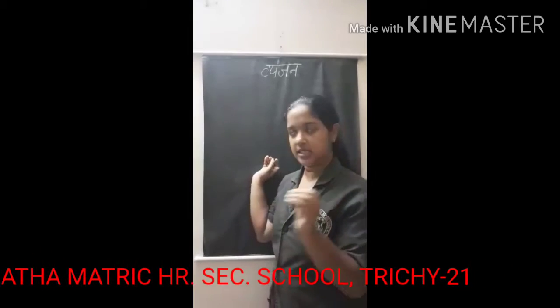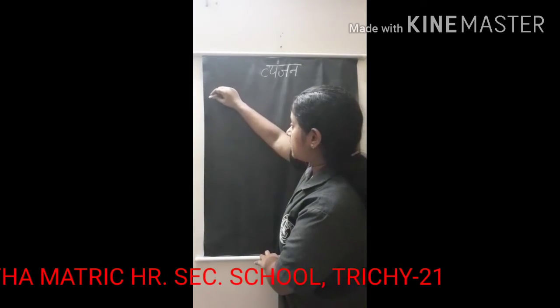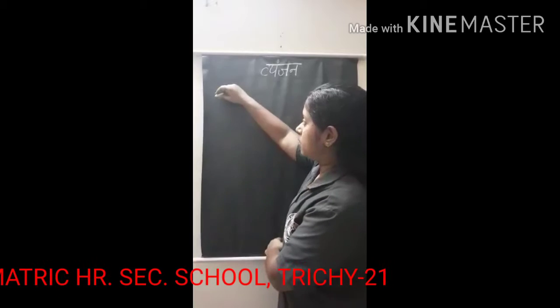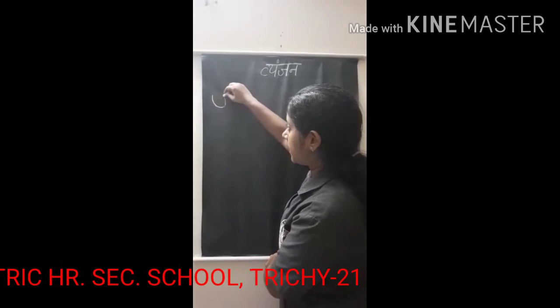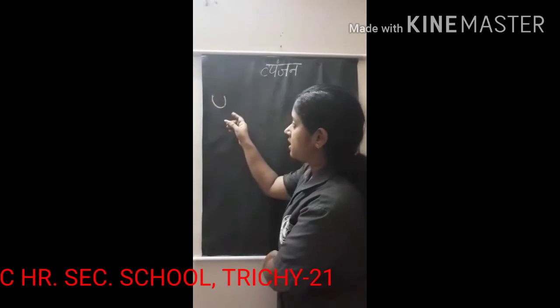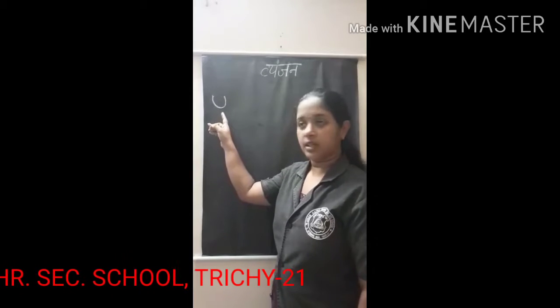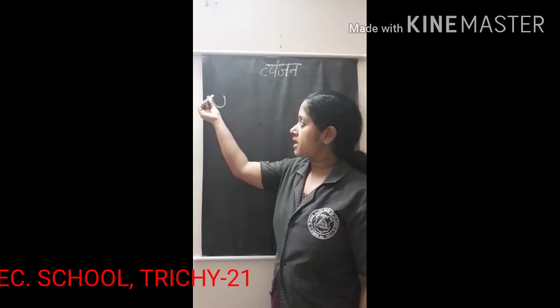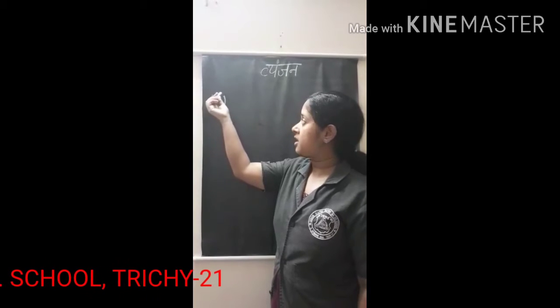So for vyanjan ja, what do you have to write? We will start from downwards. Let's draw one curve like this, a U-like curve. One point is here and another point is here.